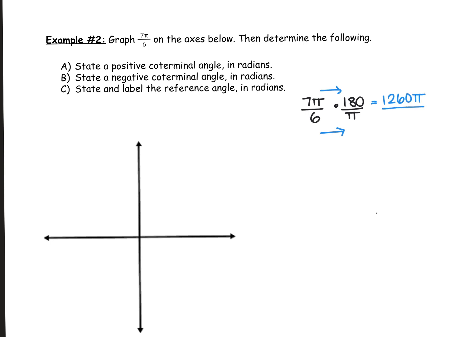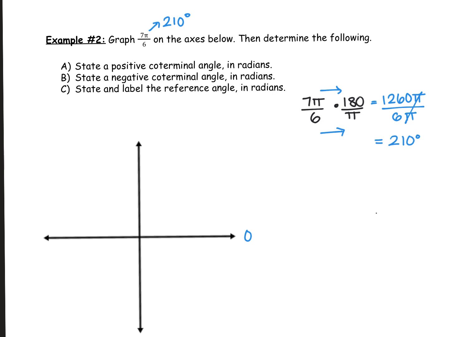And then the bottom, 6 times pi, gives me 6 pi. The pi's will cancel, and I can divide 1,260 by 6, and that gives me 210. So basically, I'm saying graph not 7 pi over 6, I'm saying graph 210 degrees.